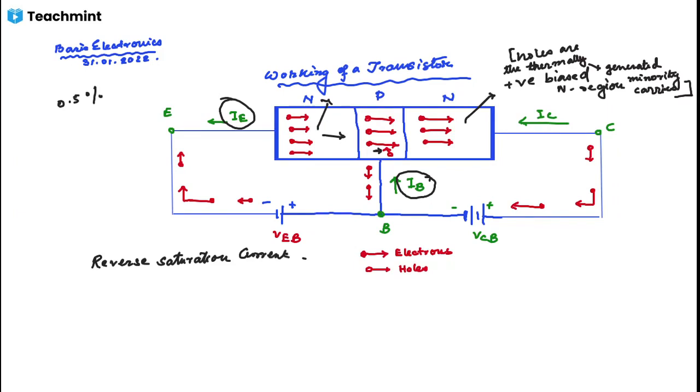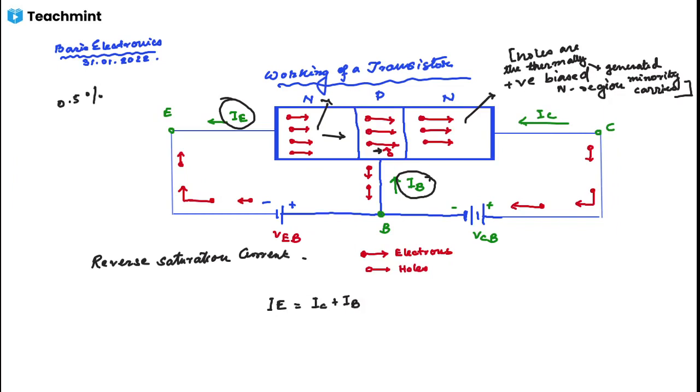So mathematically I can write IE equals IC plus IB. The emitter current of the transistor consists of two components, the base current and the collector current.